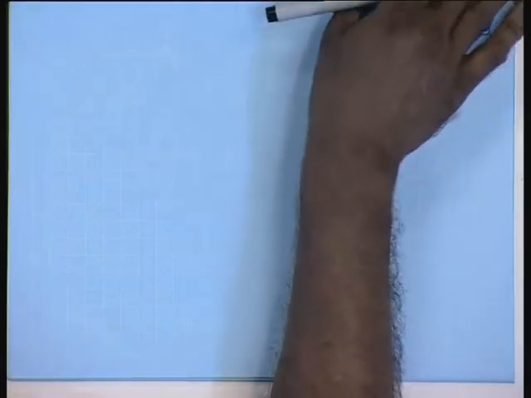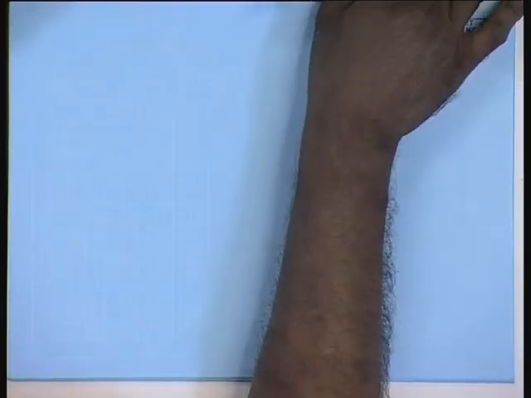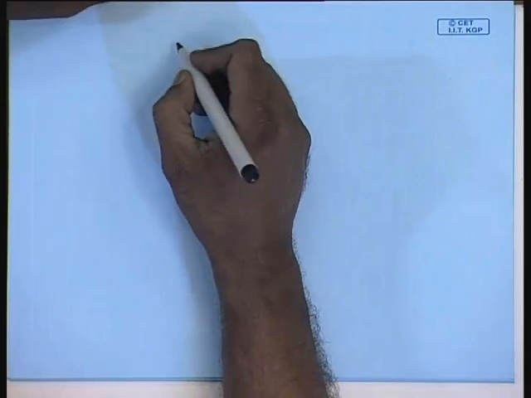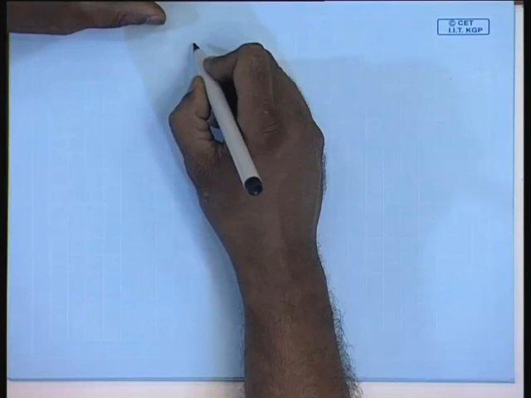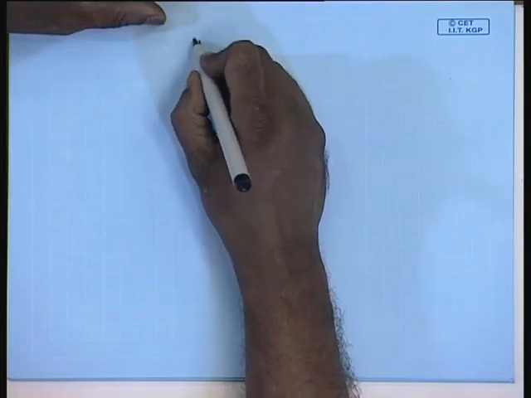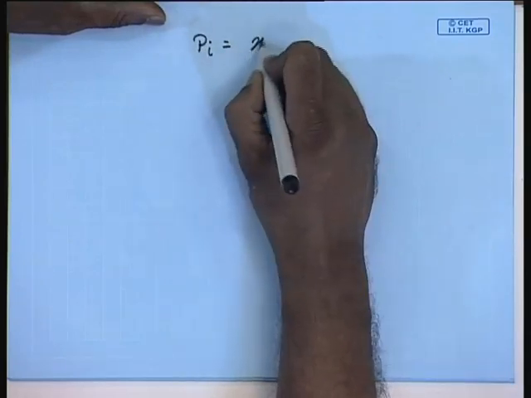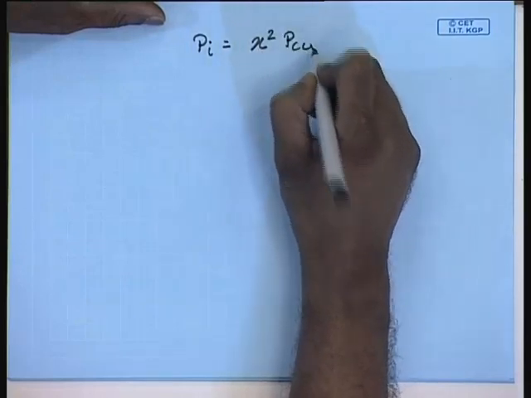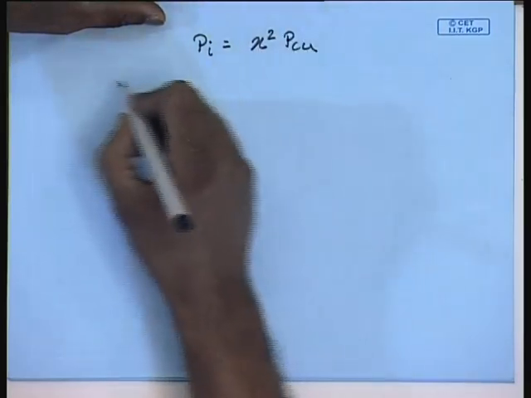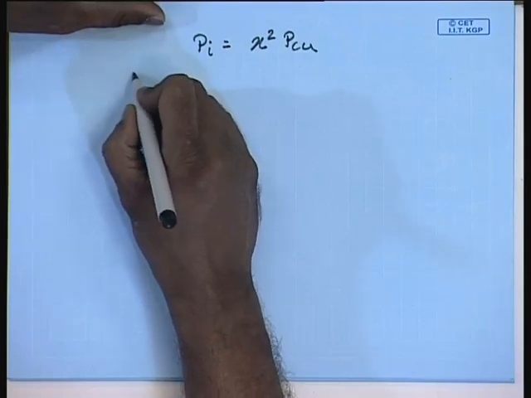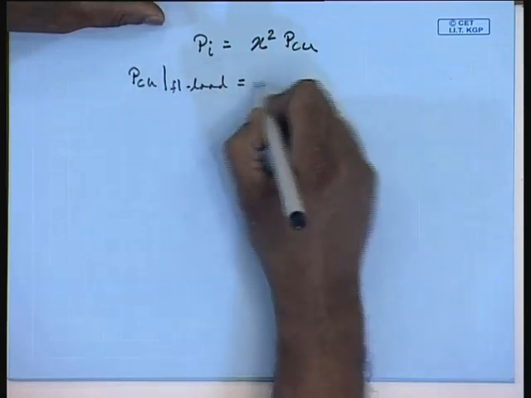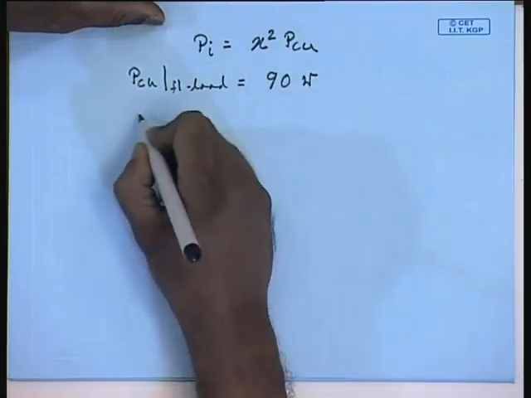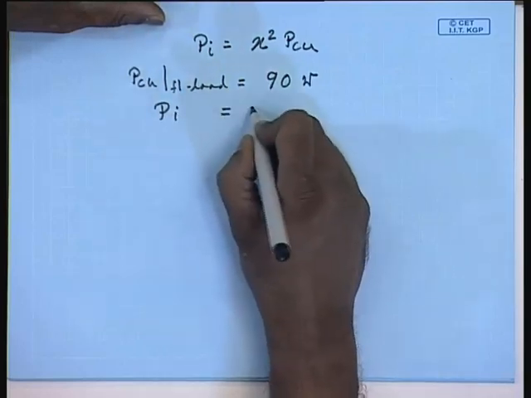It will be interesting to find out at what load the efficiency of the transformer will be maximum. Let that load be x. Then we know from the condition of maximum efficiency, at the loading at which efficiency is maximum, PI equal to x square PCU, where x is the fractional load. From the short circuit test data, PCU at full load equal to 90 watts and PI equal to 35 watts.